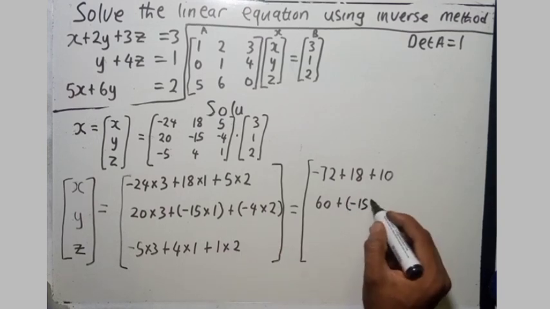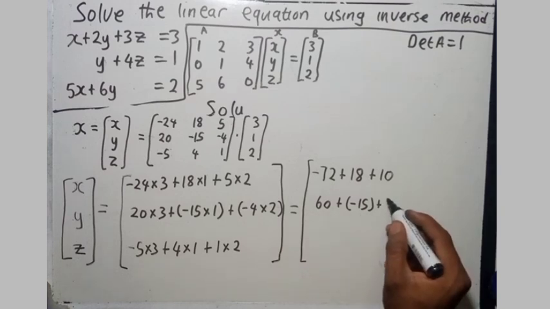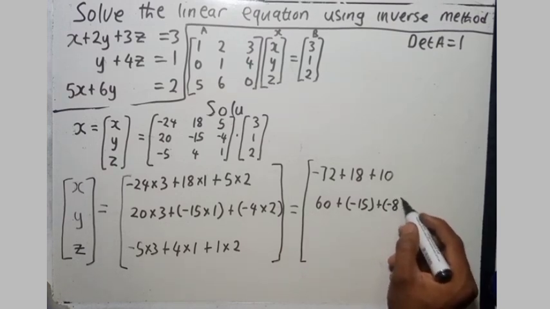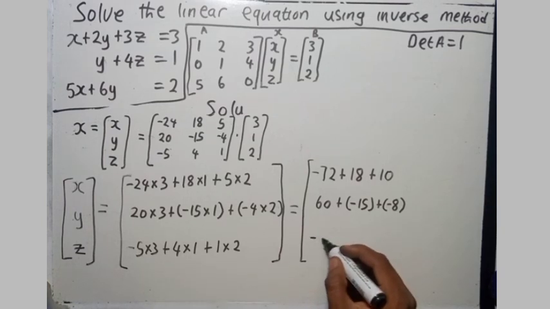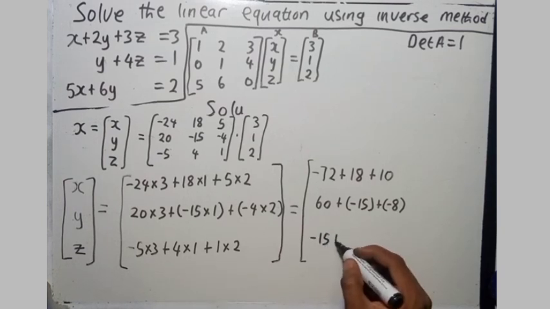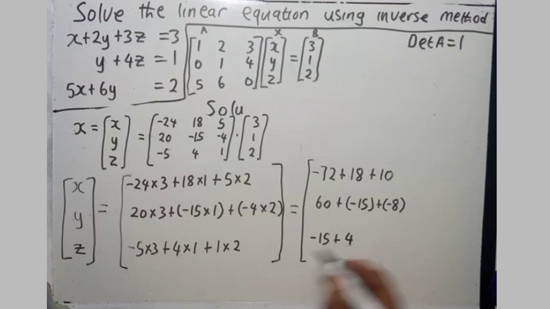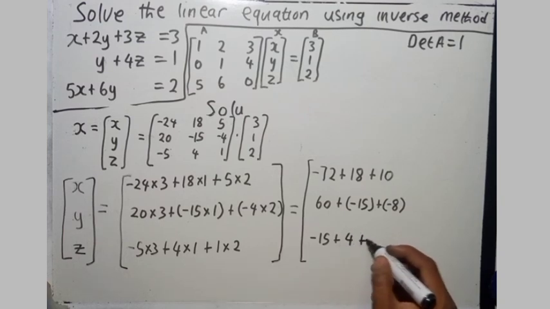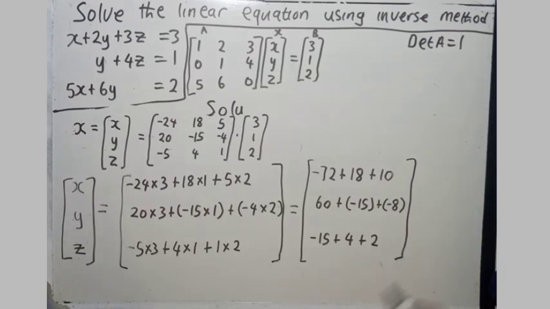Minus 15, plus minus 4 times 2 will give us what? Minus 8. Minus 5 times 3 will give us minus 15. 4 times 1 will give us what? 4. 1 times 2 will give us what? 2. Now, adding all this, we will get our final answer.